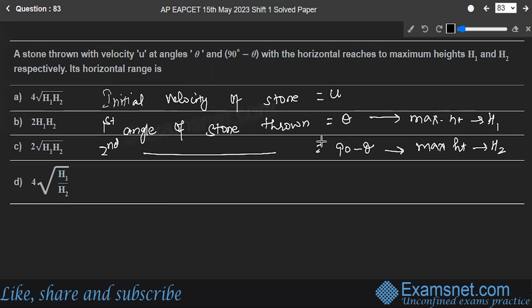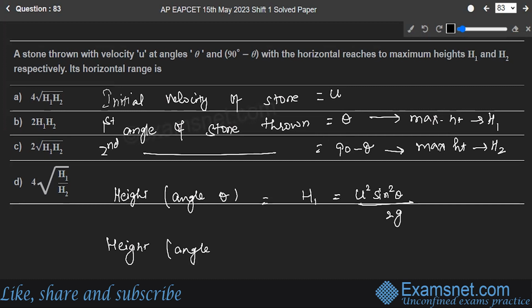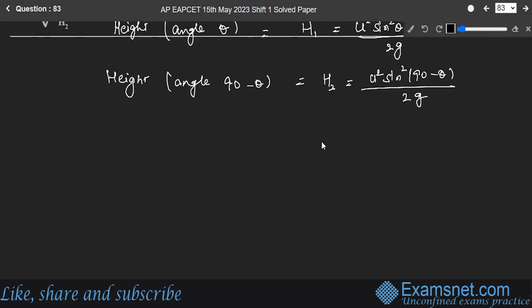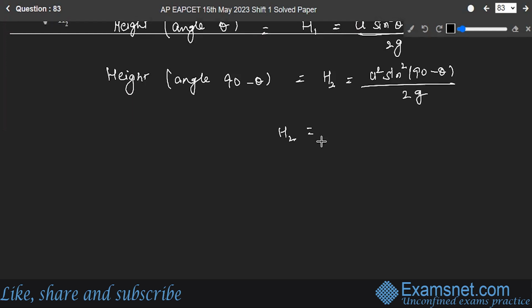Height for angle theta is given by h1 is equal to u square sine square theta divided by 2g. For angle 90 minus theta, h2 is equal to u square sine square 90 minus theta upon 2g. That makes h2 equal to u square cos square theta upon 2g.